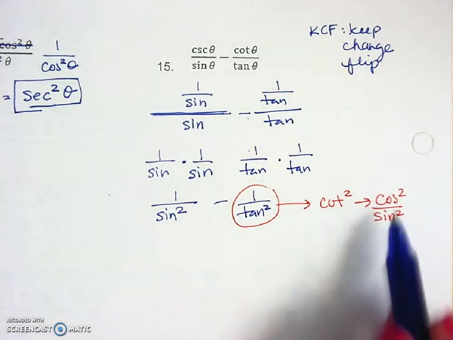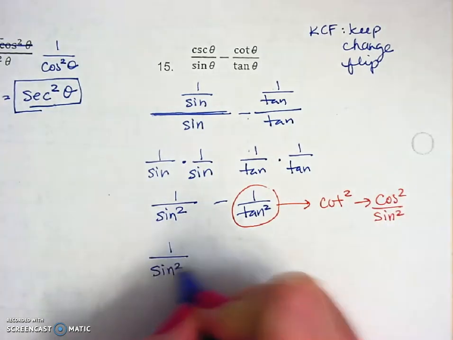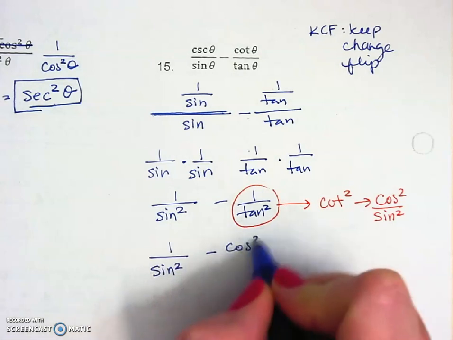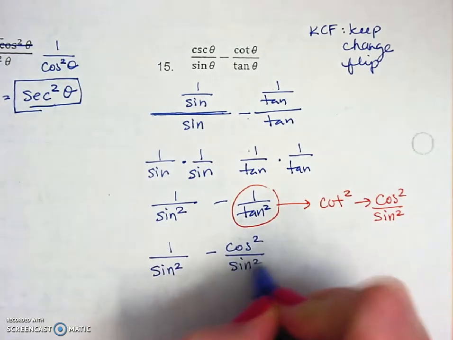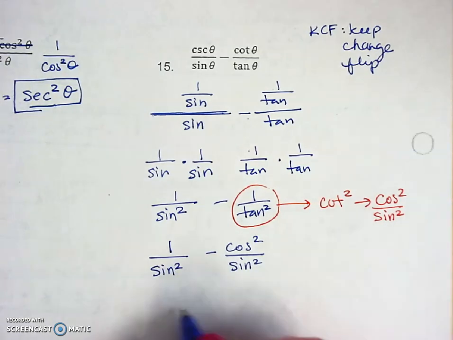So I'm going to rewrite this in this form. So now I have 1 over sine squared minus cosine squared over sine squared. Now that my fractions have common denominators, I'm going to combine them into one fraction with that denominator.